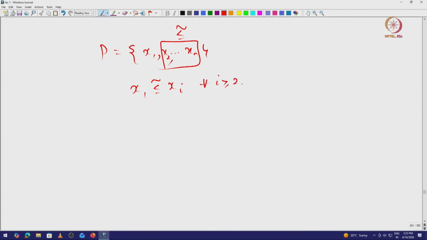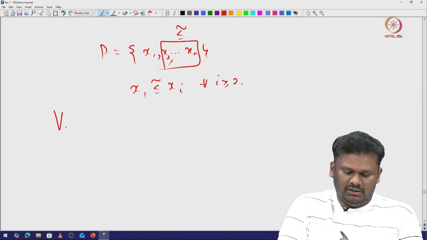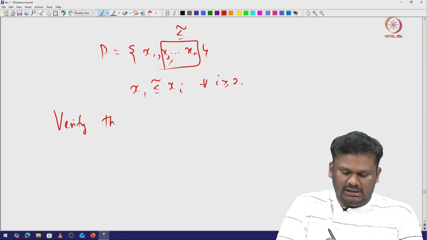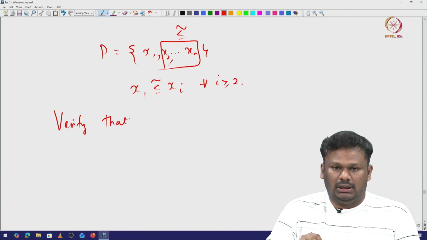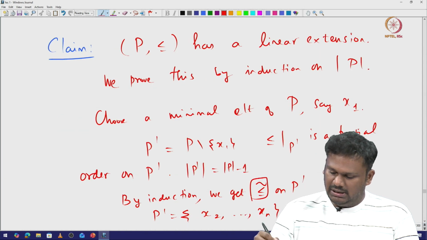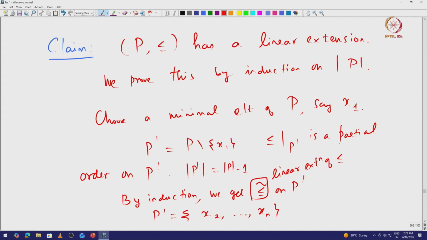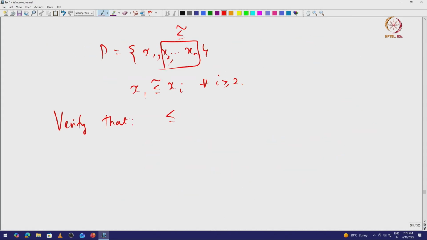That gives an order on P, and you can verify that this is a total order on P, which is a linear extension of the original order that we started with. Because by induction we assume that this is a linear extension of less than or equal to on P prime, that says that this new order defined on P is a linear extension.